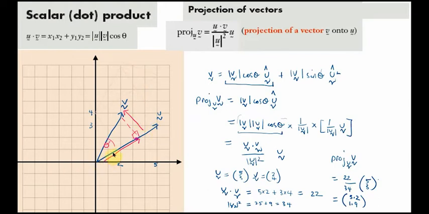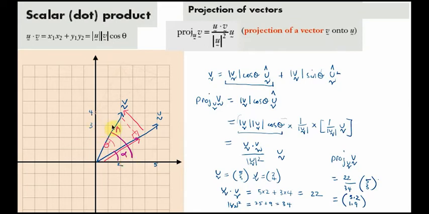If we've got the component form, we could calculate the angle that U makes with the x-axis and call that alpha. I could calculate the angle that V makes with the x-axis, and we could call that beta. And then theta, the angle that we would use in the dot product, is just beta minus alpha.